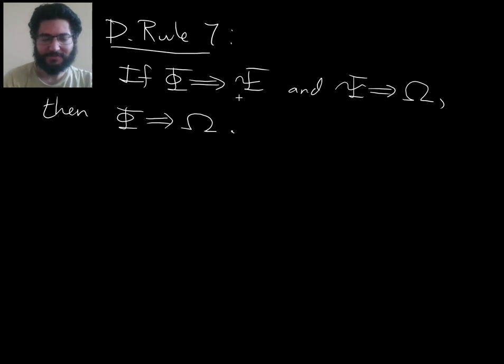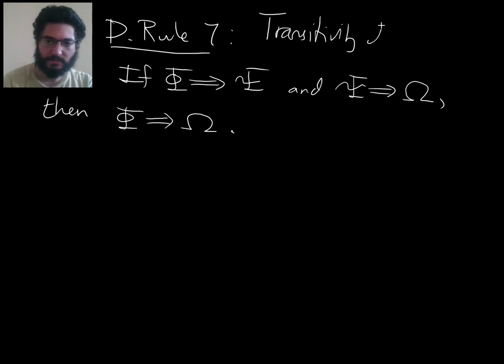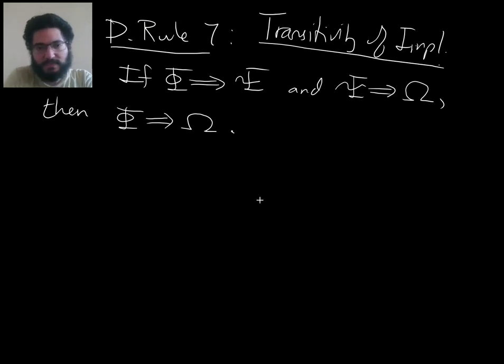All right, so here's our first derived rule that we're going to write a proof for. Each one has a title to help you remember it, or to help explain it, or to give you a chance to refer to it. This one is called Transitivity of Implication. That's the title, and this is the statement of the rule.